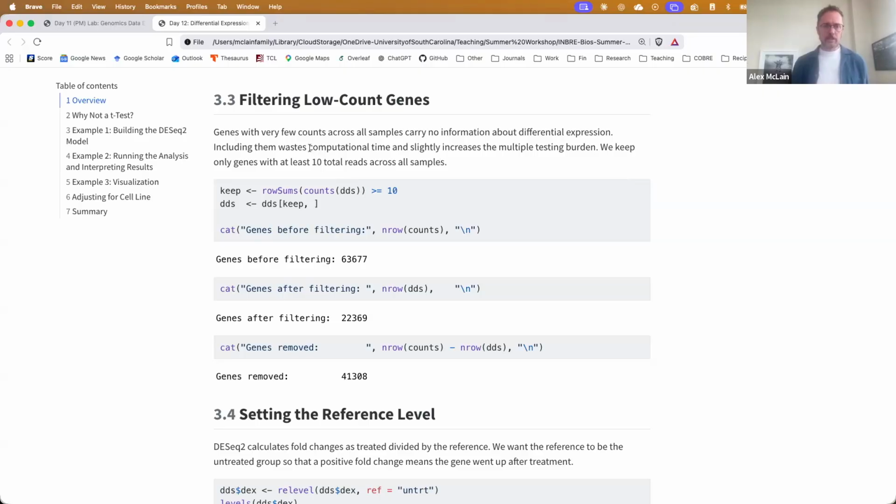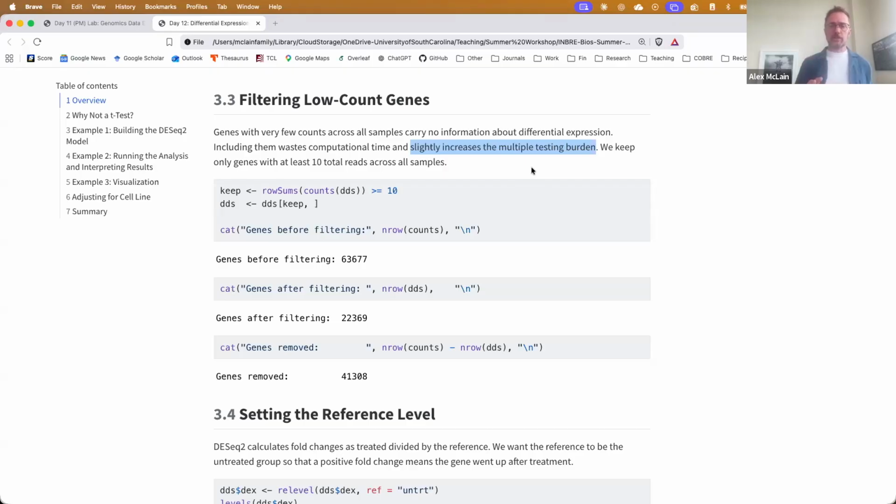Well, it makes things faster, so the computational time goes down. Including these genes would waste computational time, and it would slightly increase the multiple testing burden. So this DESeq function adjusts for multiple comparisons.